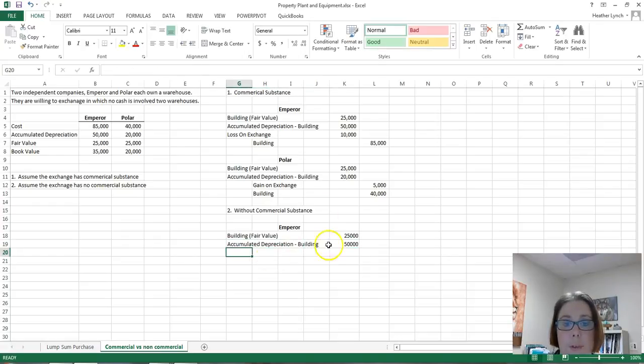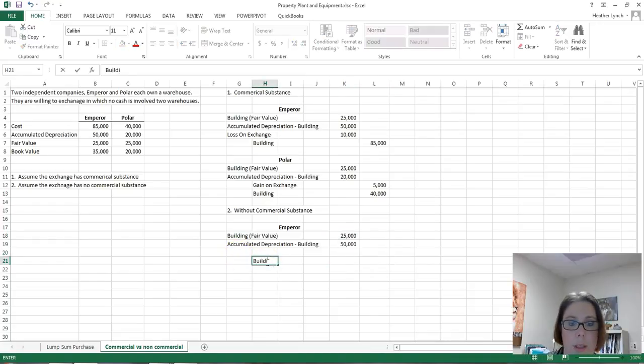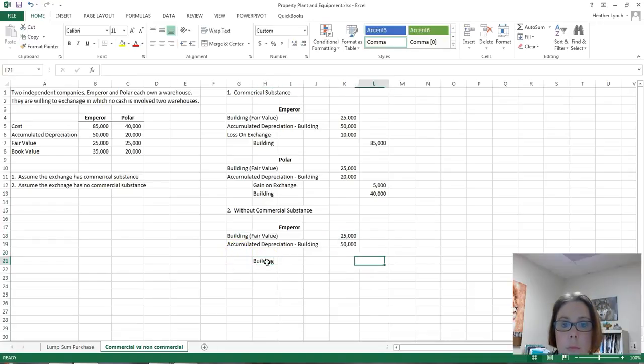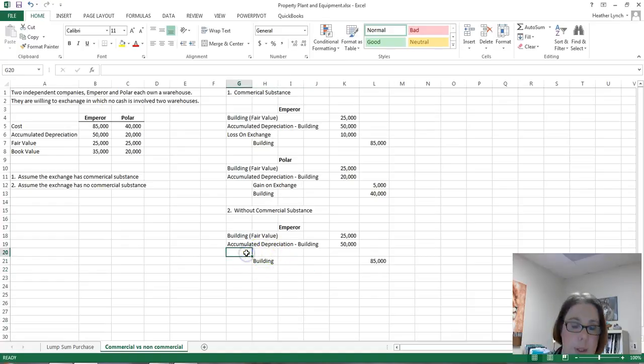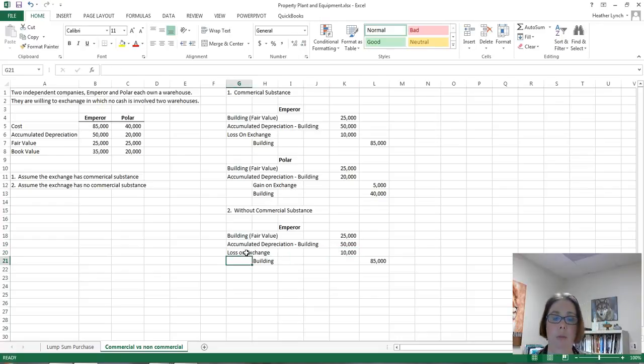Remember, that was his 50,000, not the other one, because we have not started our depreciation. We have our building. That was the 85,000. And we're still going to have a loss on exchange. Okay, so nothing changed for the without commercial substance for Imperial.